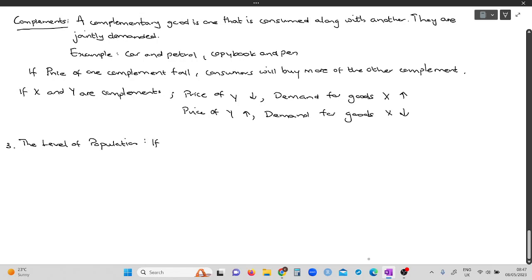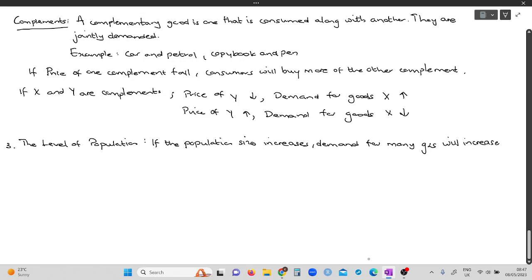So if the population size increases, demand for many goods and services will increase, c'est-à-dire the demand curve will shift to the right.